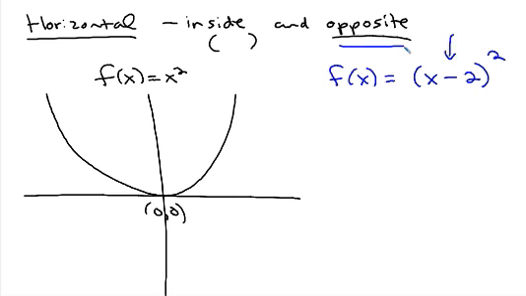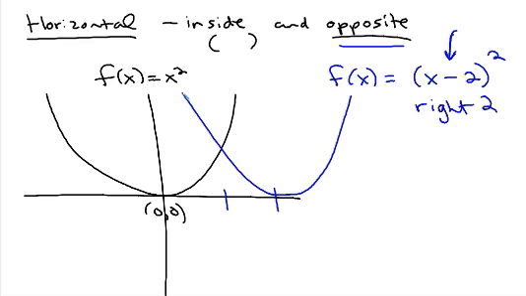You would think this minus 2 would mean it would go to the left 2, but it's the opposite of what you think on the horizontal transformations. This is to the right 2. So this quadratic would now have a vertex over here 2 units to the right at 2, 0. All right, vertex moves to the right.